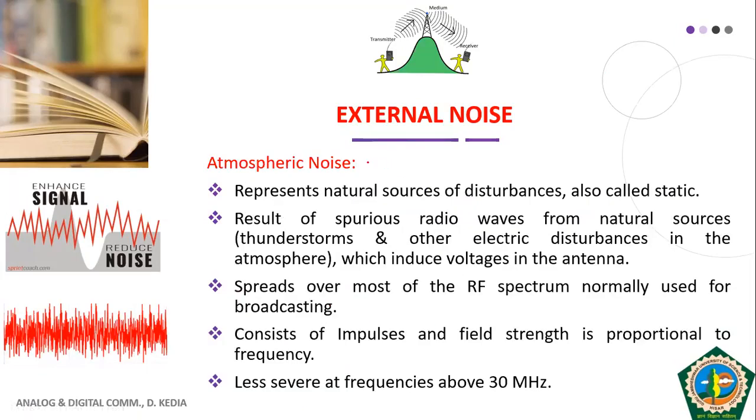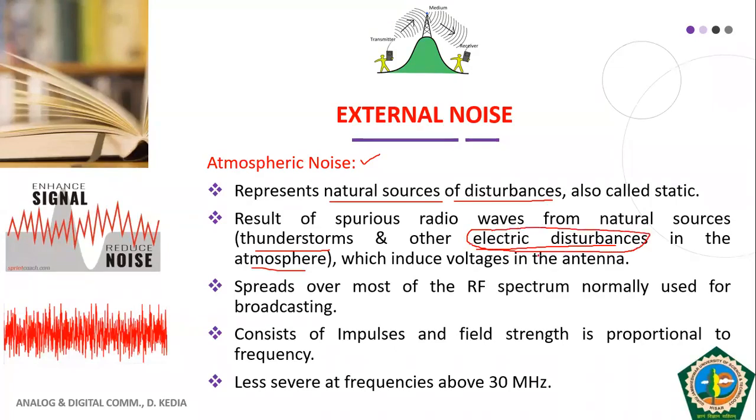Atmospheric noise means the noise which is generated from natural sources of disturbances. Now, what are those natural sources of disturbances? Those natural sources are thunderstorms and other electric disturbances in the atmosphere. Students, mind here the words electric disturbances.